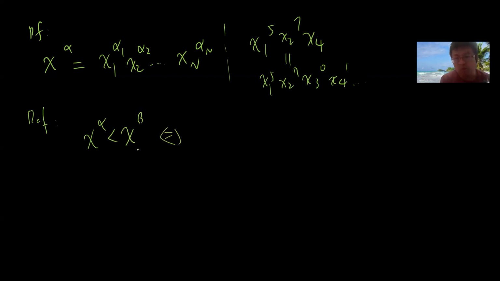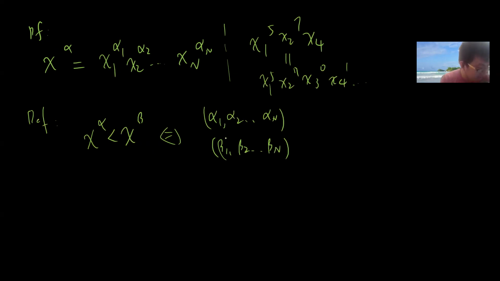If you want to compare these two, you can write alpha as a vector: alpha1, alpha2, up to alphan, and beta is beta1, beta2, up to betan, and then you start to compare.